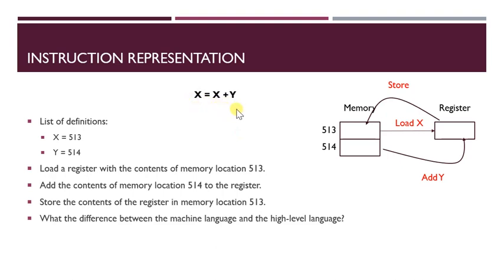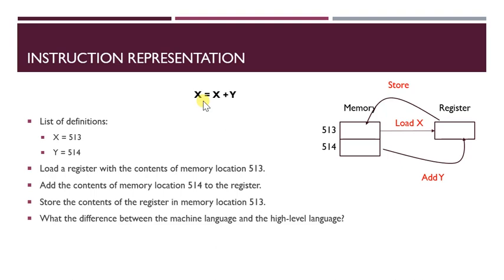Based on this program, we know this is the addition of x and y, and the result of this addition must be assigned to the variable x. There are differences between high-level languages and machine languages or low-level languages, for example, assembly language.